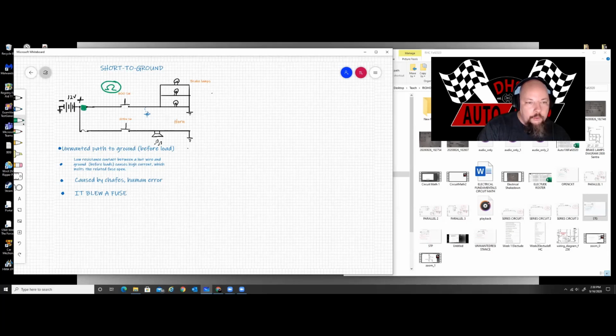But on the ground side of the fuse, on the circuit side of the fuse, okay, you're going to go ahead and connect your meter right there. And then what you'll do is you're going to probe in various places, preferably places with connectors and things like that in the circuit.